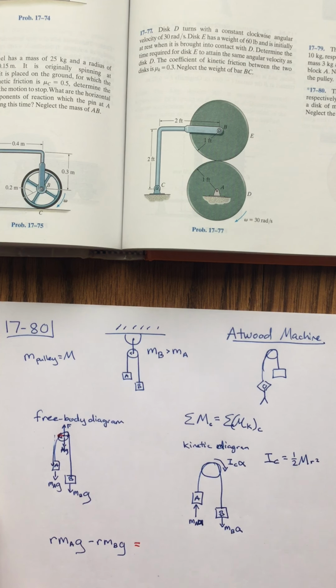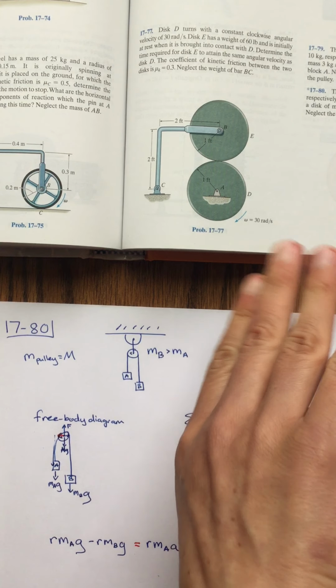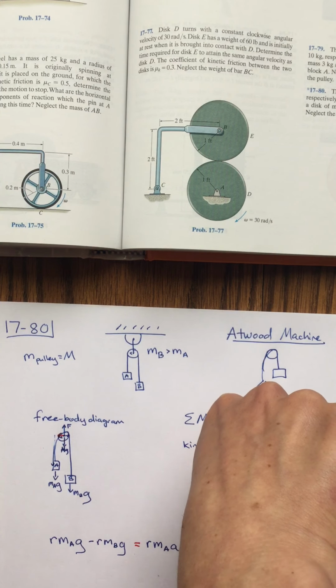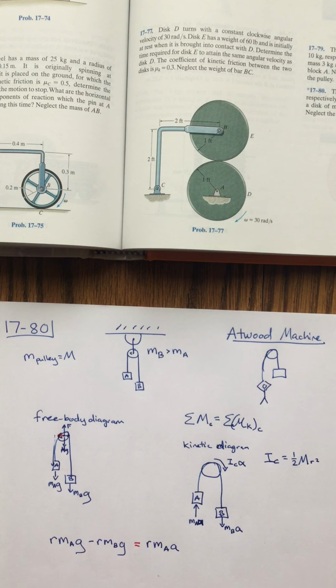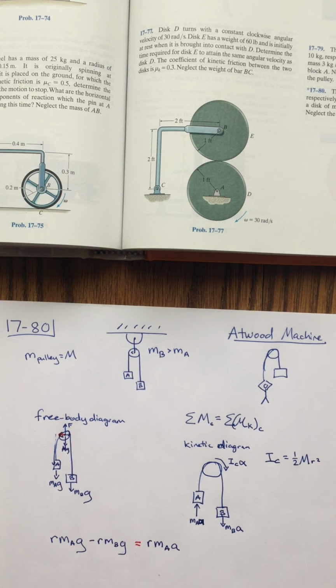So this is, whoops, r times m_A times the acceleration. And then if you do the vector r crossed with the m_B times a, that's going in the negative direction. Oh, this one was supposed to be going in the negative direction.